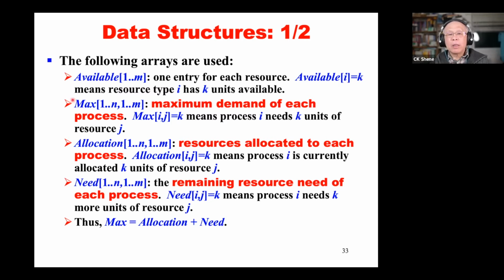Now, maximum has n rows, 1 row per process, and m columns, 1 column for each resource type. So this matrix is referred to as the maximum demand of each process. So max[i][j] equals k means process i needs maximum k units of resource j.